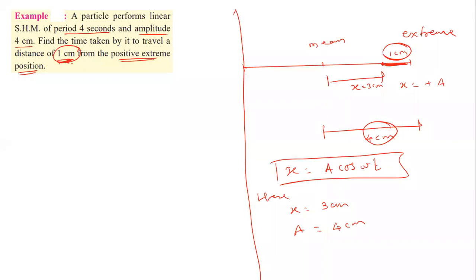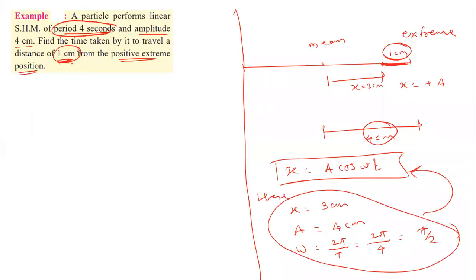Omega: instead of omega they have given the period, so omega we can write 2 pi by T. So 2 pi by period, which is 4, so pi by 2 is omega. Now these values you have to substitute in this, and do the calculation for t. So you have to find out small t is equal to how much.